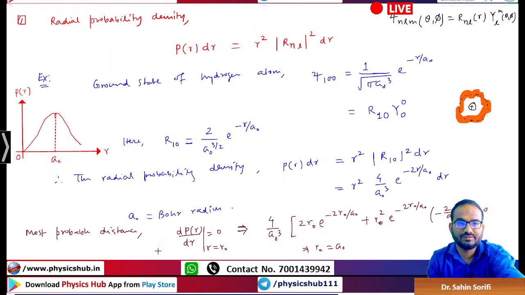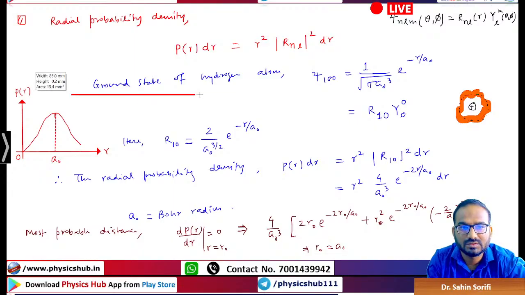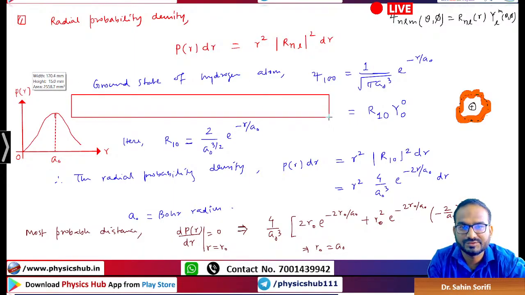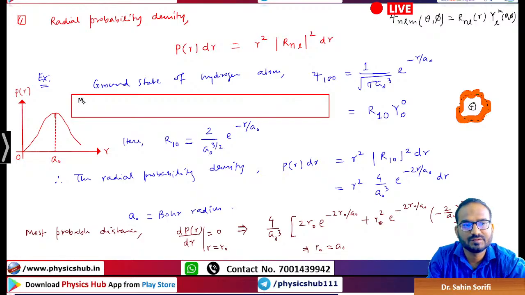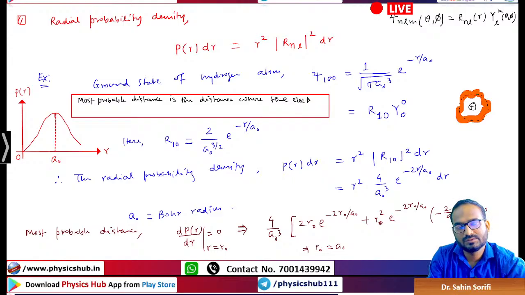So you all got a little bit of confusion regarding the most probable distance. Let me give you the definition of most probable distance. Most probable distance is the distance where the electron is most likely to be found.